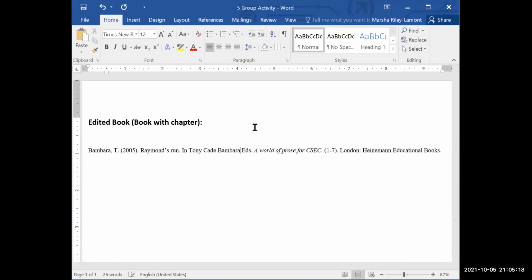Open bracket. EDS. Now, why are you spacing? Yes, right. Close the brackets now, not outside of the full stop. EDS is a shortened form, right? Put a comma. Then subtitle.